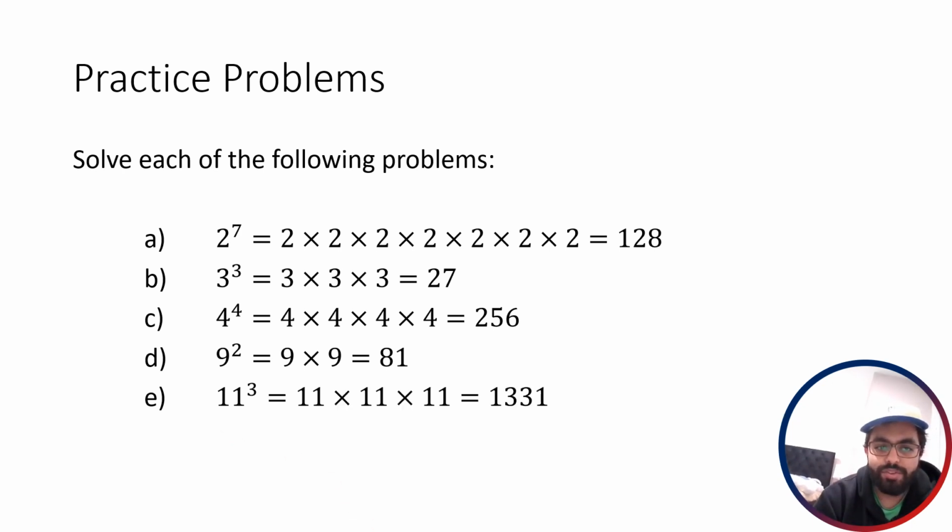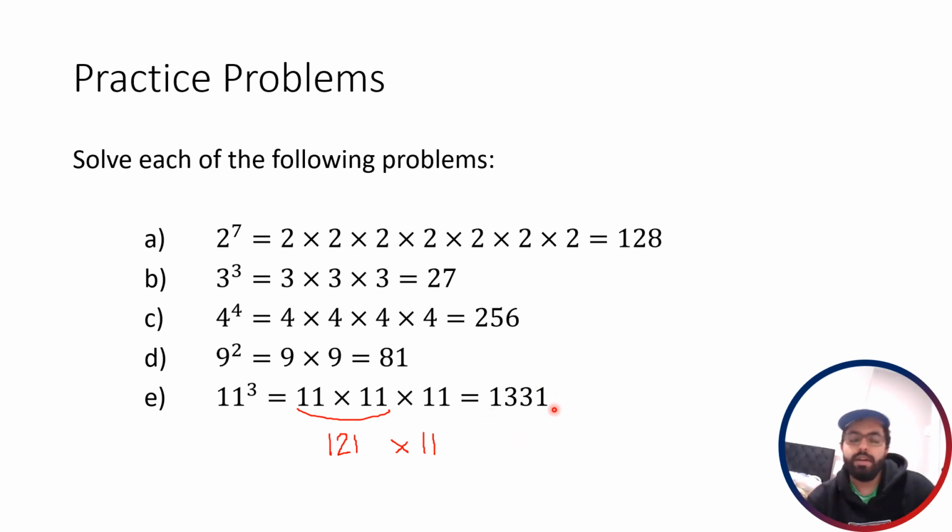But then you're going to have to do 121 times 11, right? So this piece right here, 11 times 11, that's equal to 121. But then you have to do 121 times 11, which you might need to do your long multiplication for to get this answer of 1,331. So that's it for the practice questions.